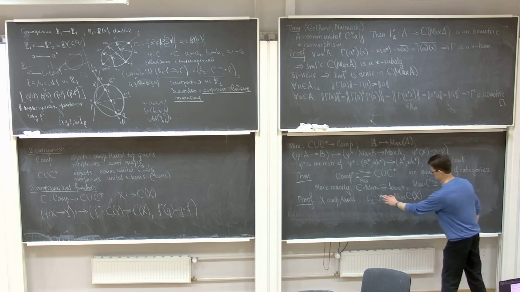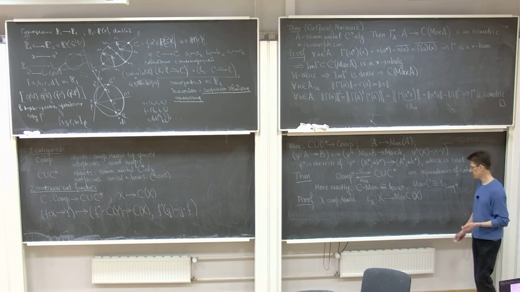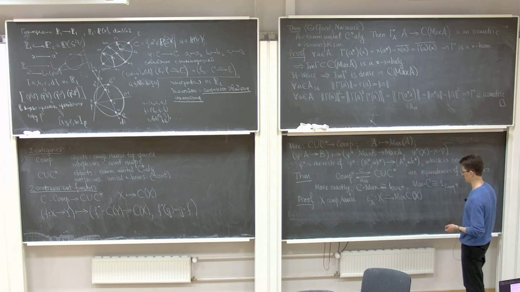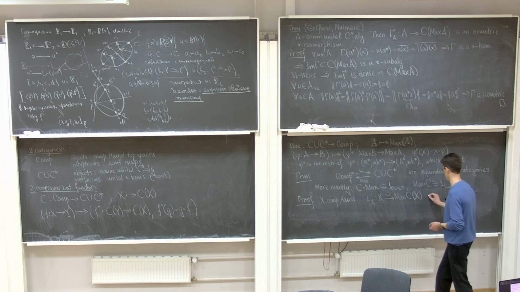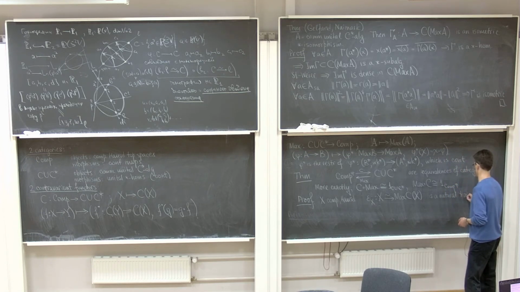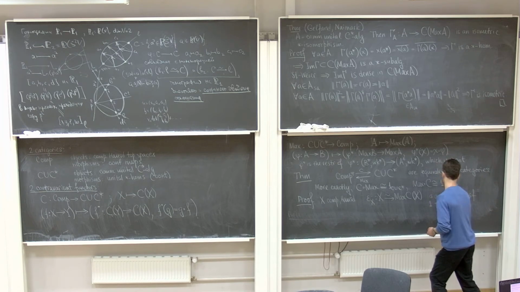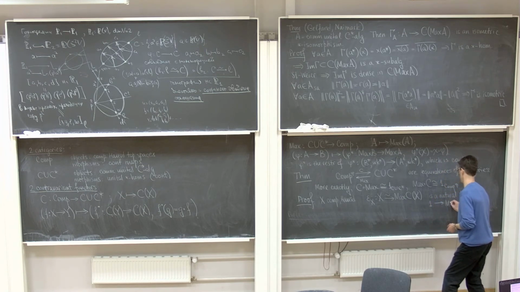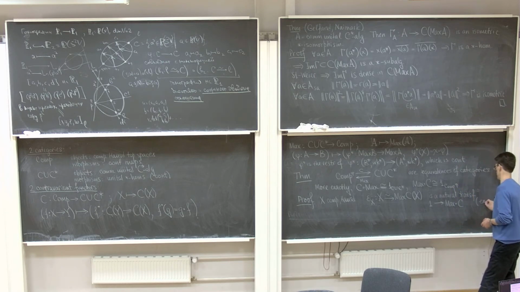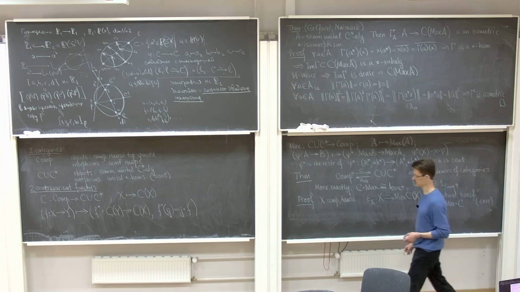But if we now consider the collection of all such homomorphisms for all compact spaces, then it is very easy to show that this family is a natural transformation from the identity functor to the composition of max and C. And this is a simple exercise. Basically, we have to show that a suitable diagram commutes.